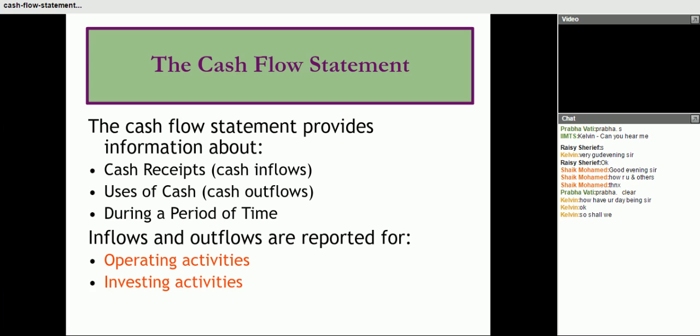Operating activities means day-to-day activities of the organization. Investing activities means where the organization is investing their money. Financing activities. So clear so far? Any doubts anyone has till now? If anyone of you has any doubts, you can ask me.